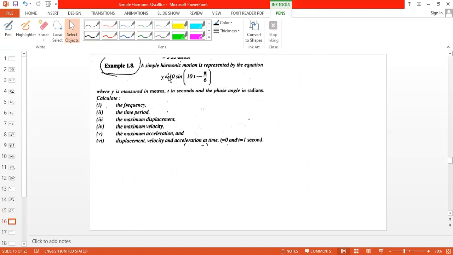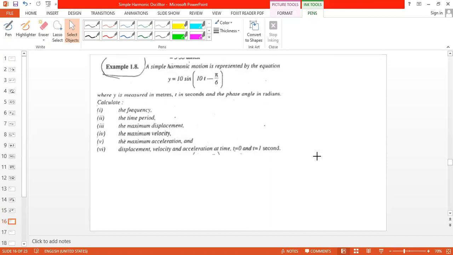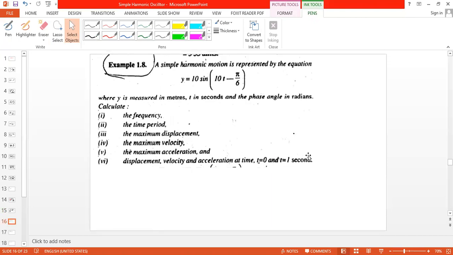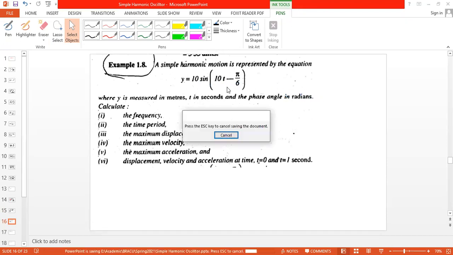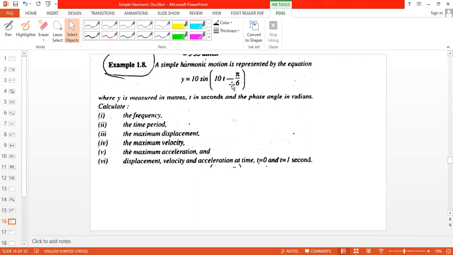In this math, it could be easy. A simple harmonic motion is represented by the equation y equal to 10 sin(10t minus pi by 6). This is the equation for the displacement of simple harmonic oscillation.